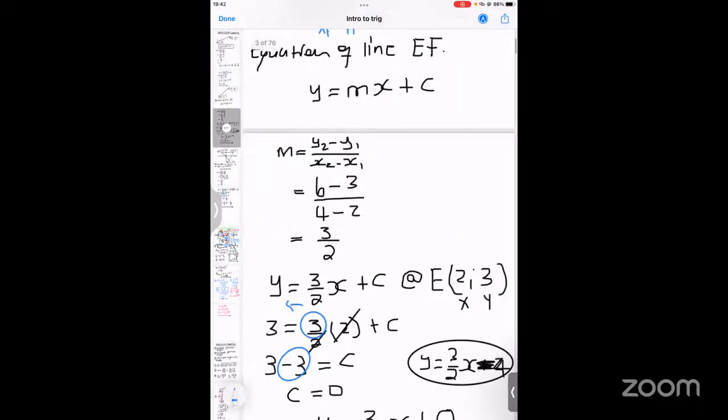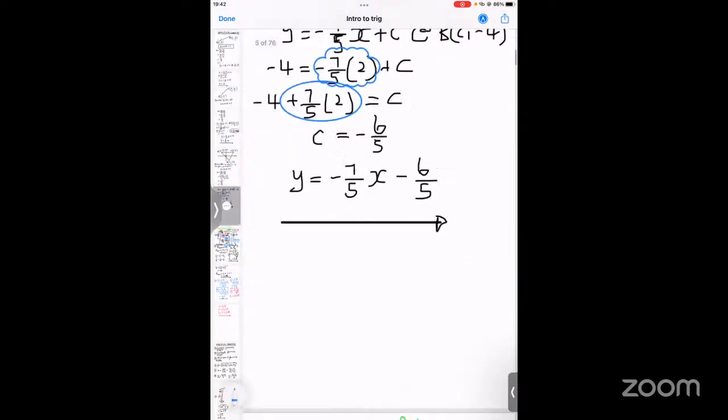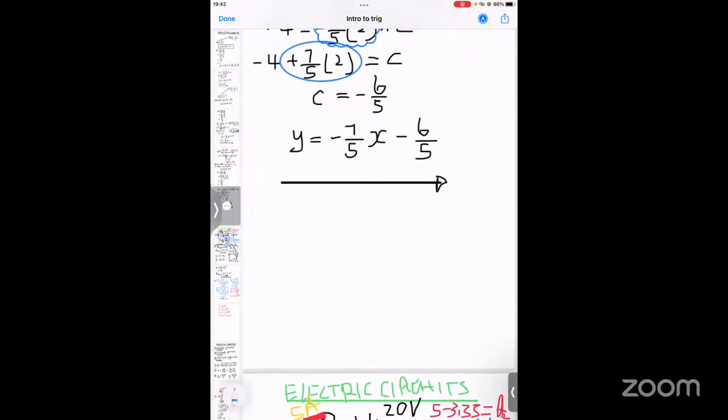Okay. I want to say the final answer should be y equals 7 over, what did you guys get? Let me see. I'll just check the correct one. Okay, there's another one.